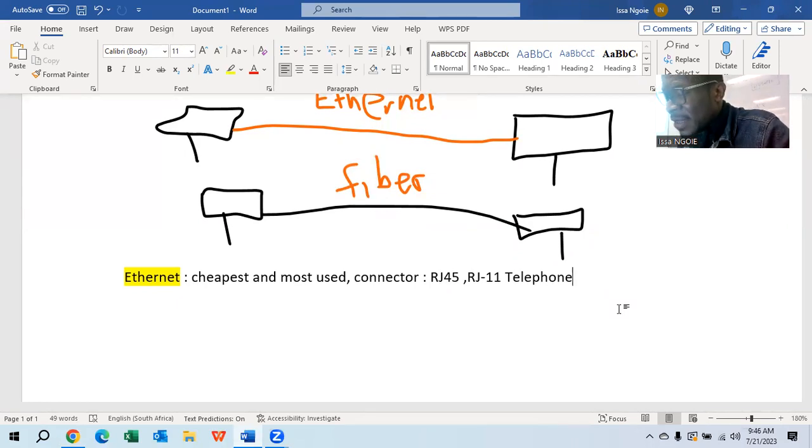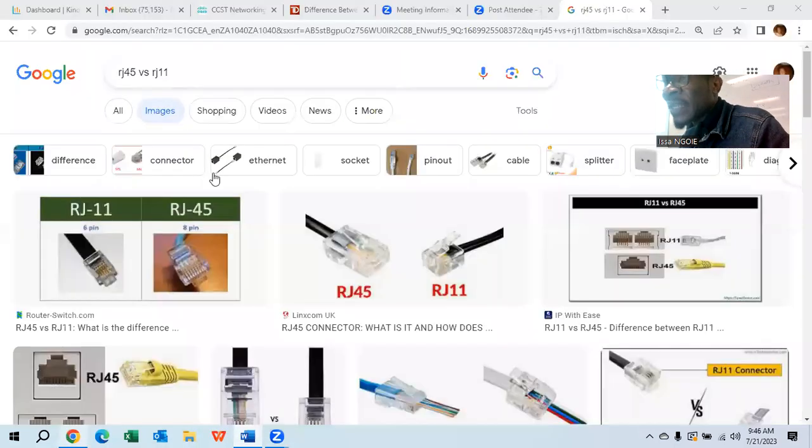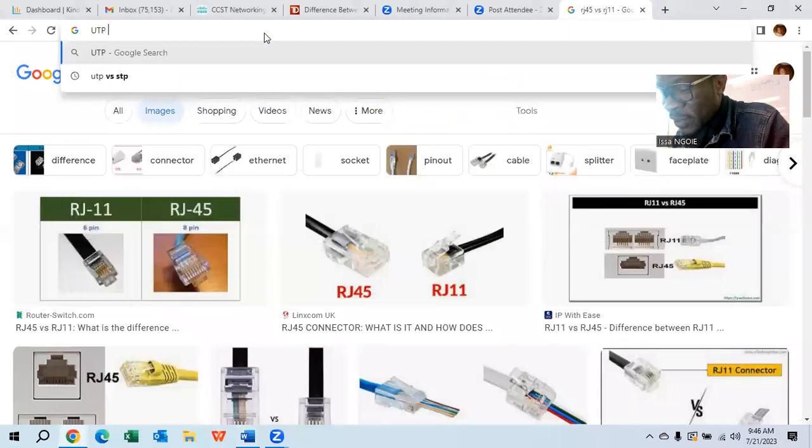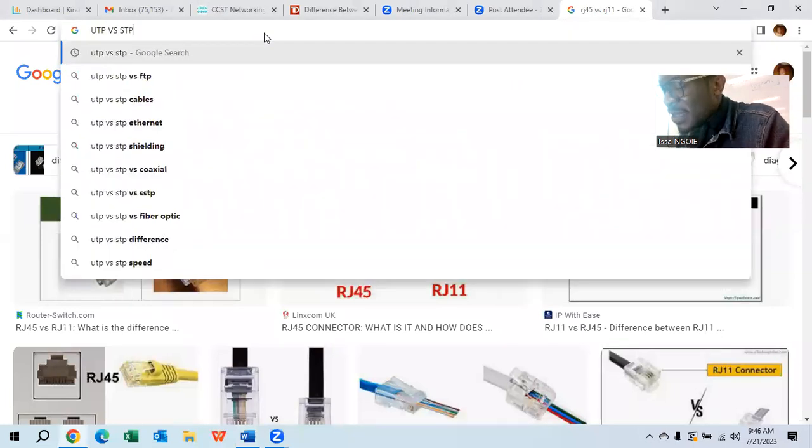And remember, guys, this Ethernet comes in two types. There is the UTP and the STP. UTP means unshielded twisted pair. You can go from the internet, you can just type UTP versus STP.